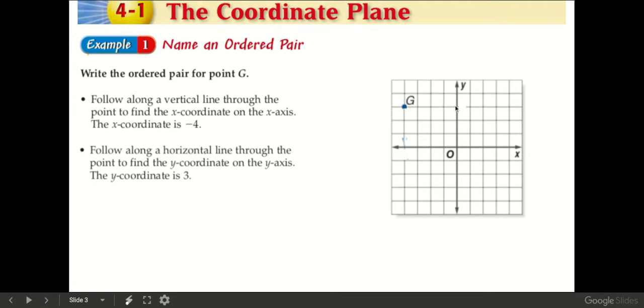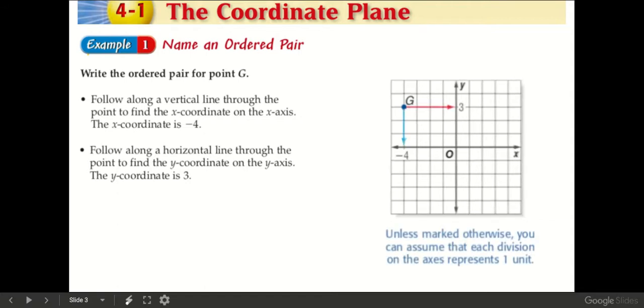And then if I follow it this way, it looks like it goes up 1, 2, 3 units on the y-axis. So it goes to the left 4 units, which would be -4, and up 3 units, which is +3. So this point G would be at the point (-4, 3), right? The x coordinate goes first and the y coordinate goes second.